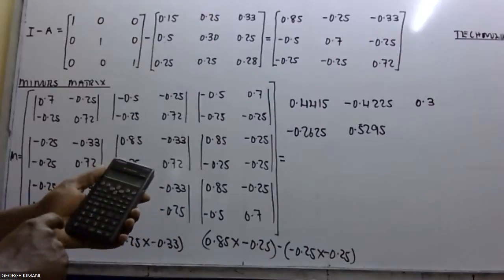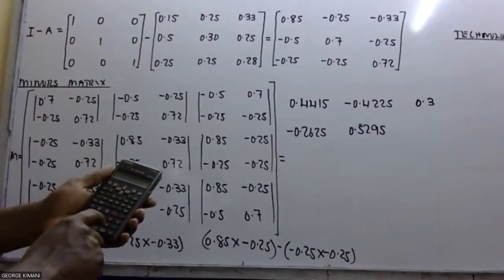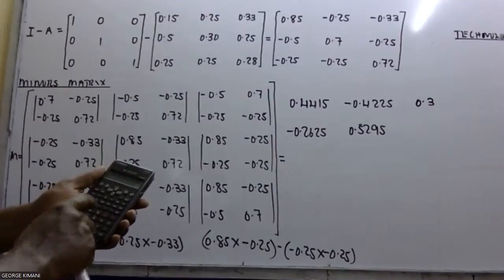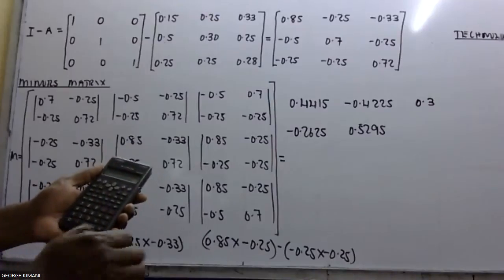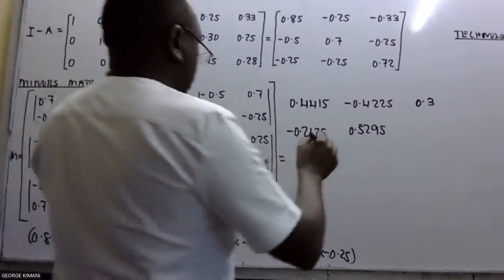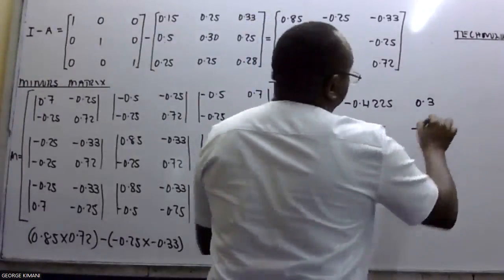Minus, open the brackets, you have minus 0.25 times minus 0.25, close the brackets. I'm getting minus 0.275. Good, minus 0.275.